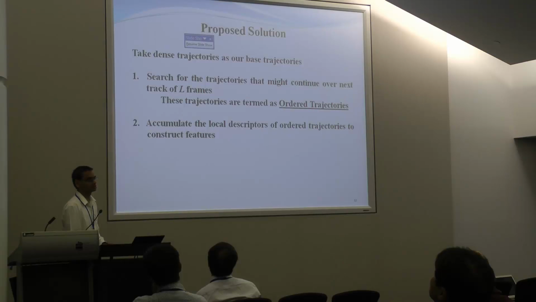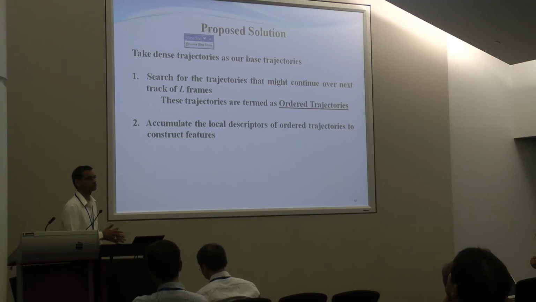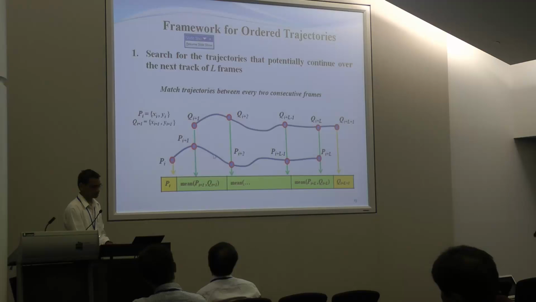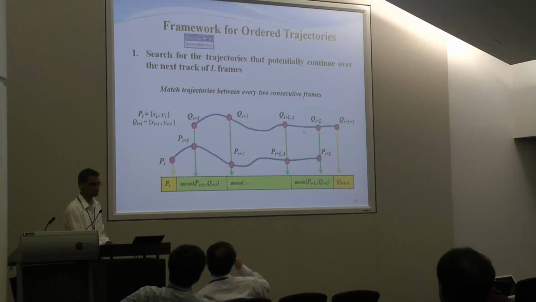Order trajectories means basically the trajectories with longer duration, and we just accumulate the local descriptors of the constituent trajectories. We will not compute a descriptor over one full-length trajectory, but only the basic constituent trajectories which constitute a long trajectory. For example, in this figure, there is one trajectory starting from frame i, and a second trajectory starting from the next frame i+1.